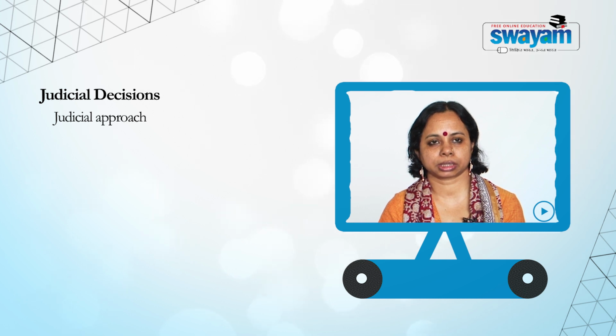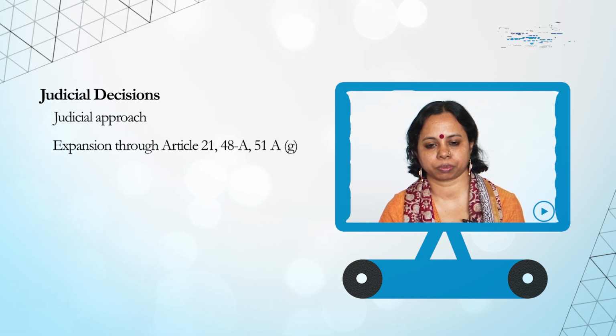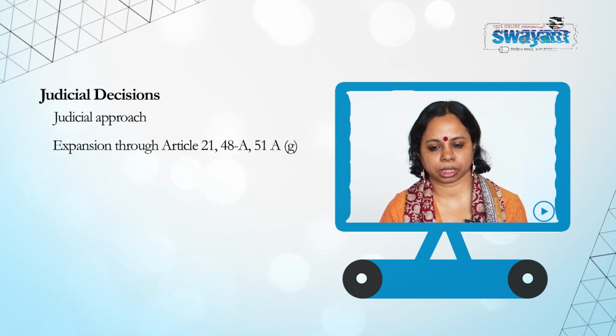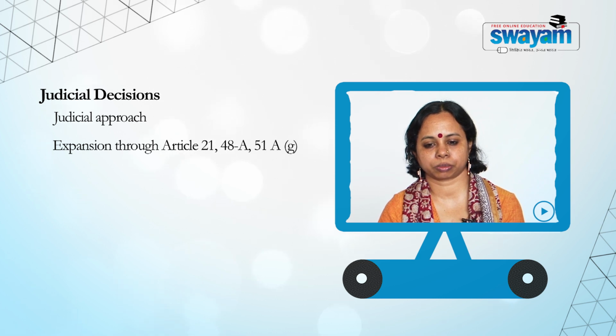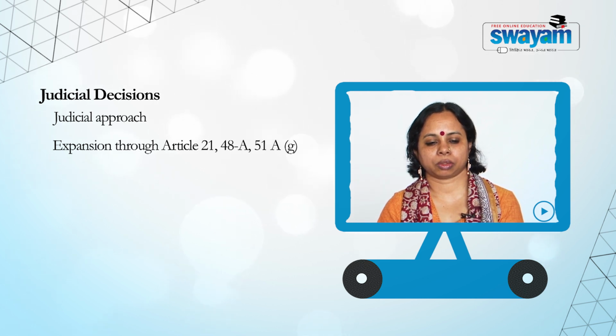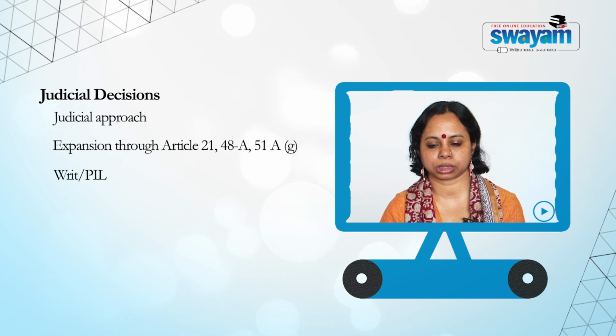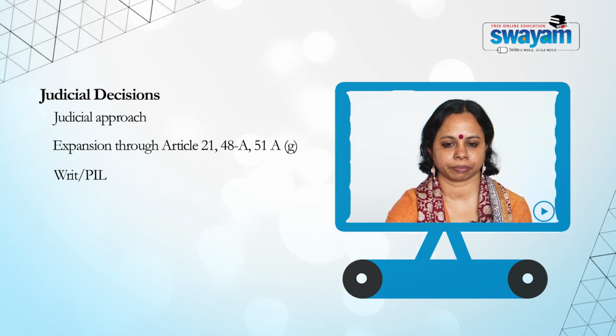For instance, we can see this expansion through Article 21 of the Constitution, which gives a right to life and liberty to the people, Article 48A, which is a directive principle of state policy, and Article 51A(g), which is a fundamental duty. And the means which have been used for securing this right to environment was through writ petitions or public interest litigations in the later years.